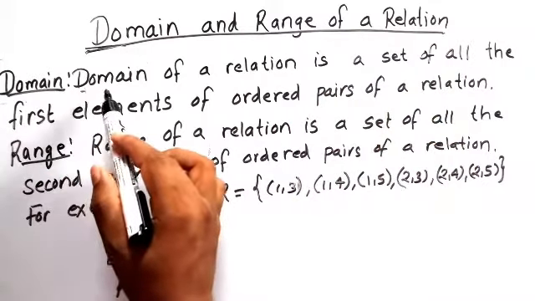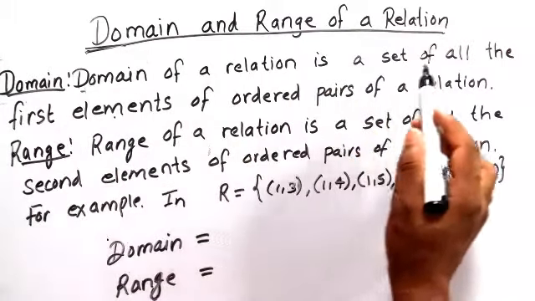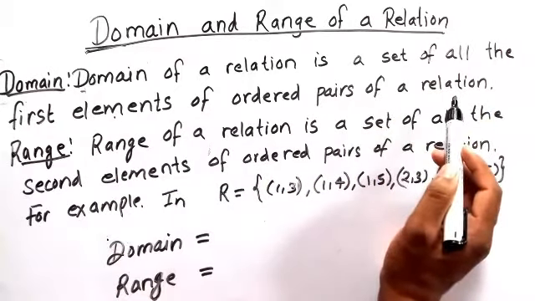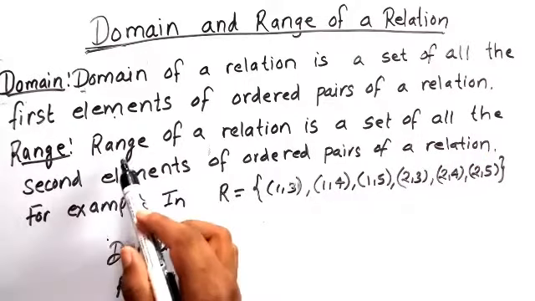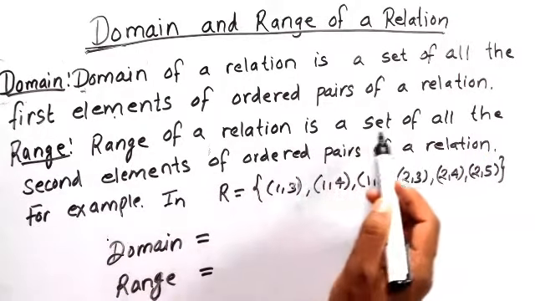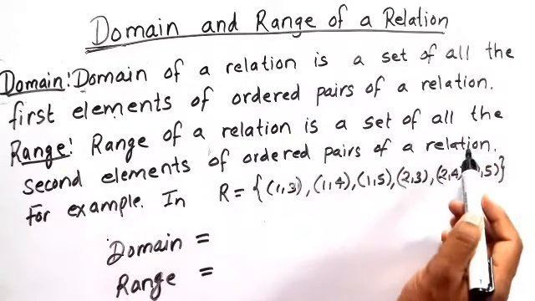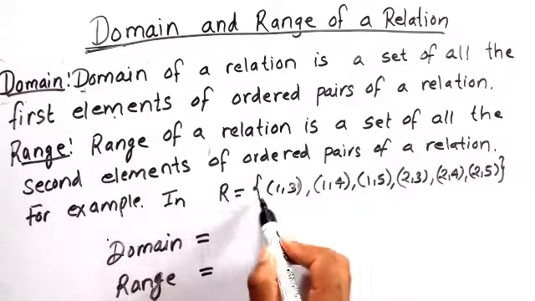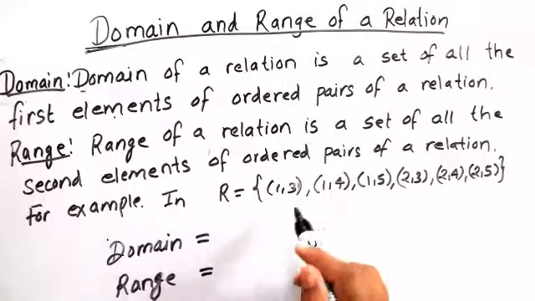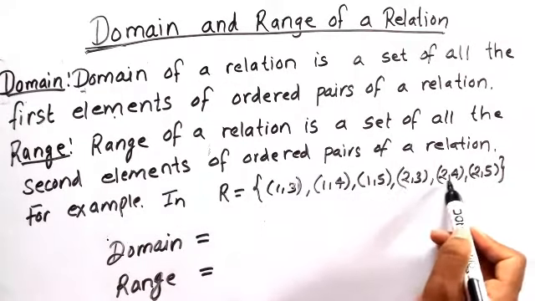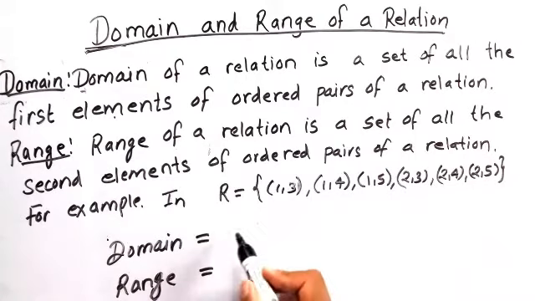The domain of a relation is the set of all the first elements of ordered pairs of the relation, and the range of a relation is the set of all the second elements of ordered pairs of the relation. For example, in this relation that we have found before, this relation contains the elements (1, 3), (1, 4), (1, 5), (2, 3), (2, 4), (2, 5) as ordered pairs.